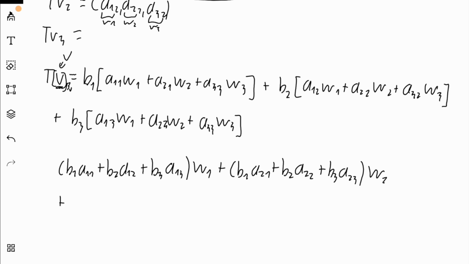Again, this is kind of tedious. We're just trying to factor it out now because we'll see why it's going to come in very handy. Plus (B1 A31 + B2 A32 + B3 A33) W3.